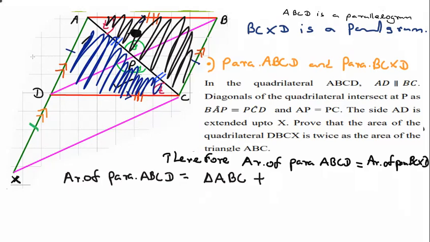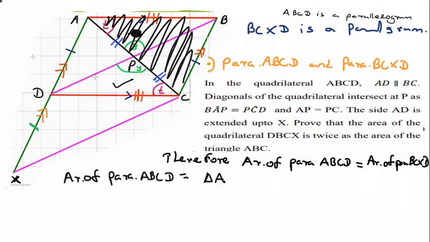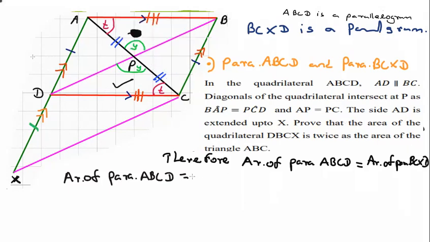That's triangle ACD. So the parallelogram ABCD has been split into two triangles: triangle ABC plus triangle ACD, the blue one. So let's write it: area of parallelogram ABCD equals triangle ABC plus triangle ACD.